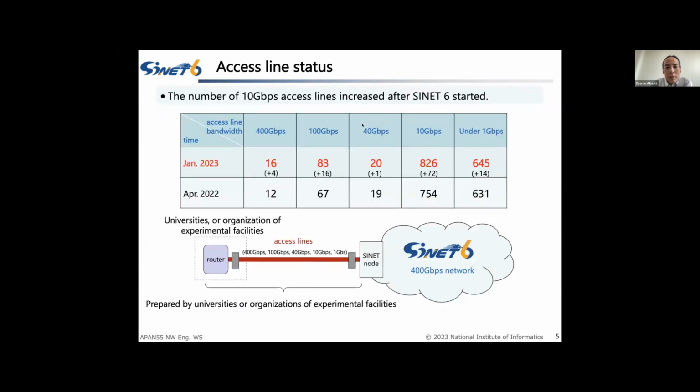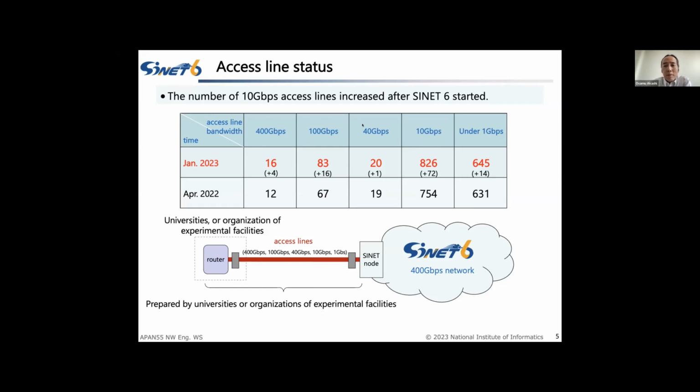This shows the detailed access line status. This table shows the number of access lines divided by bandwidth. Member organizations of SINET are connected to the access lines using 400 gig, 100 gig, 40 gigabits per second, and so on.